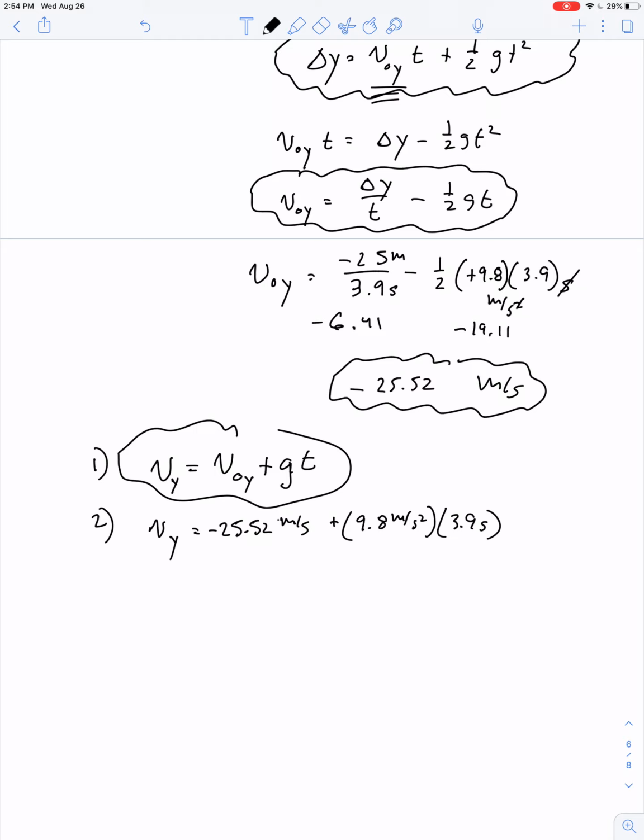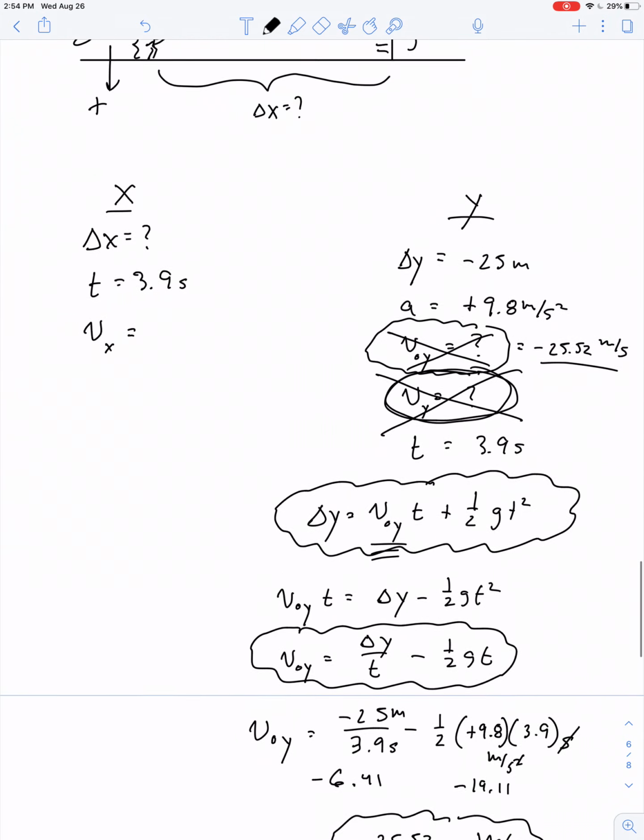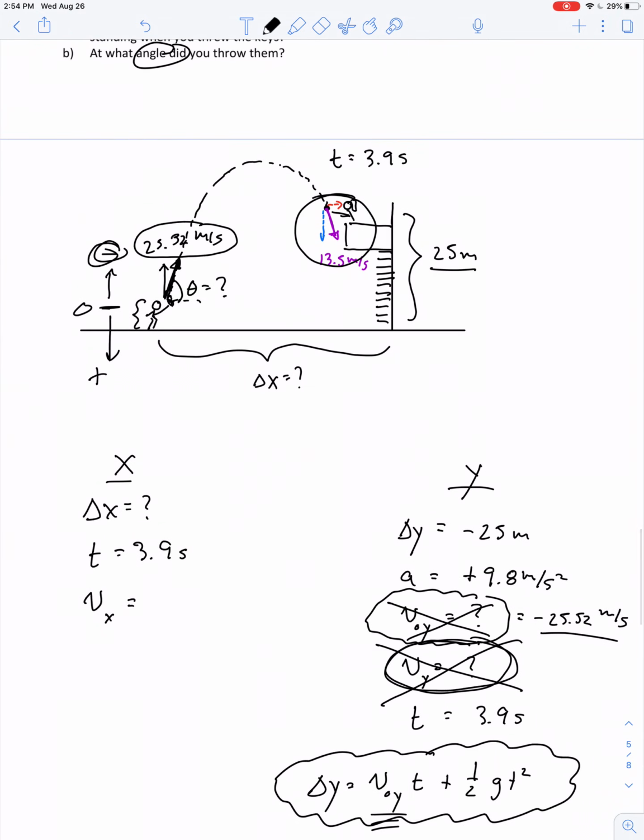All right, so we get a final answer. Vy equals positive 12.7 meters per second. So that's going to help us label this vector diagram if we zoom in.